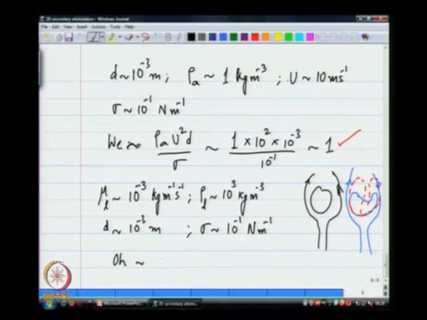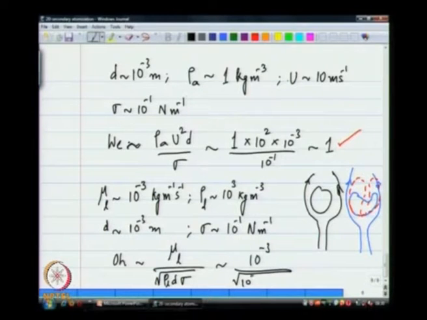Ohnesorge number for this would be mu L divided by square root of rho L d sigma, which in this case is about 10 power minus 3 divided by square root of 10 power 3 into 10 power minus 3 into 10 power minus 1, which is on the order of 10 power minus 3 to 10 power minus 4, somewhere in there.